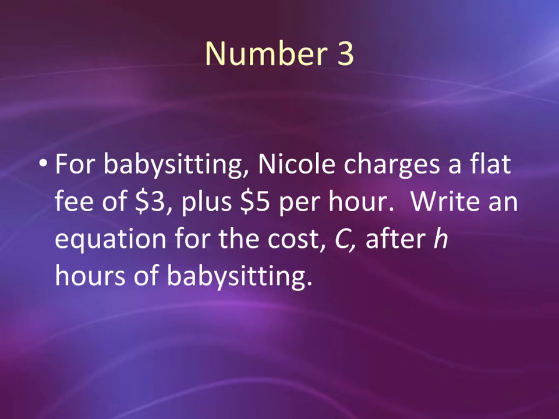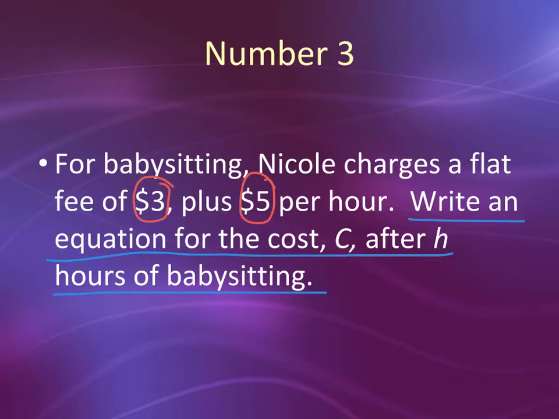Number 3, for babysitting, Nicole charges a flat rate of $3. There you go, there's one of my numbers, plus $5 per hour. We're going to write an equation for the cost after H hours of babysitting. And now I'm going to go back through and look for my keywords.